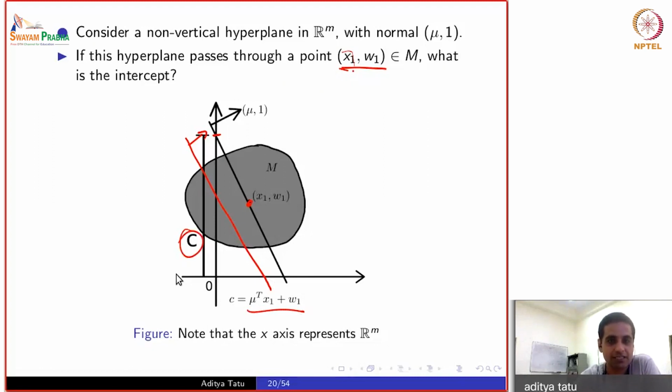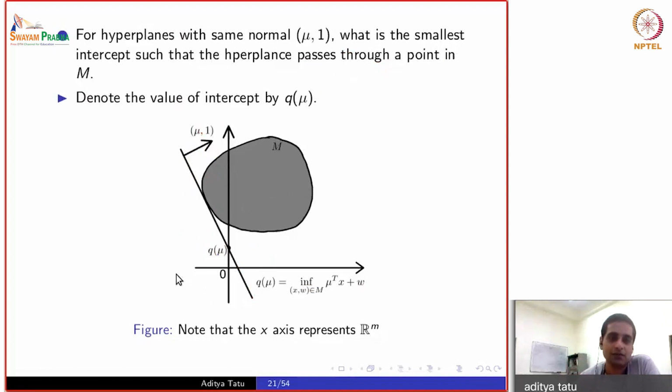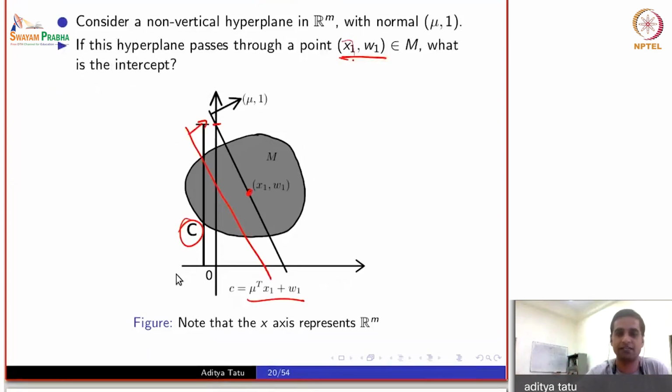Next, still not done. For all the hyperplanes which have the same normal vector mu comma 1, what is the smallest intercept that you can get such that the hyperplane still passes through the set M? If I compare this figure, the intercept value is this.